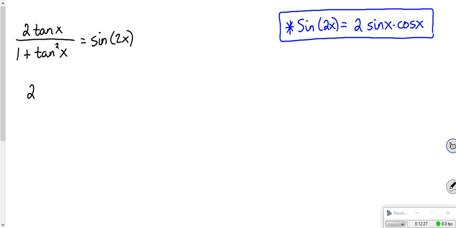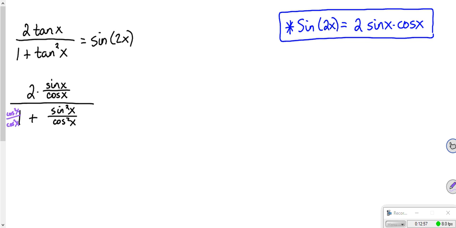So I've got 2 times sine x over cosine x, that's what tangent equals, all over 1 plus sine squared x over cosine squared x. Now, on the bottom, I need common denominators. So I'm going to have to multiply this 1 by cosine squared x over cosine squared x.